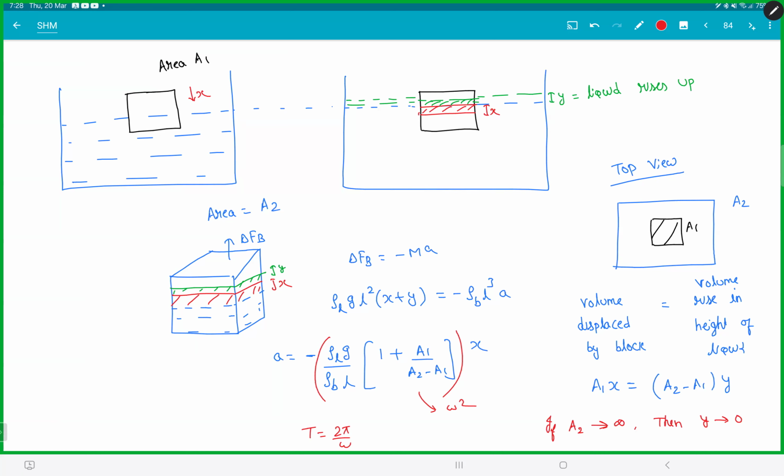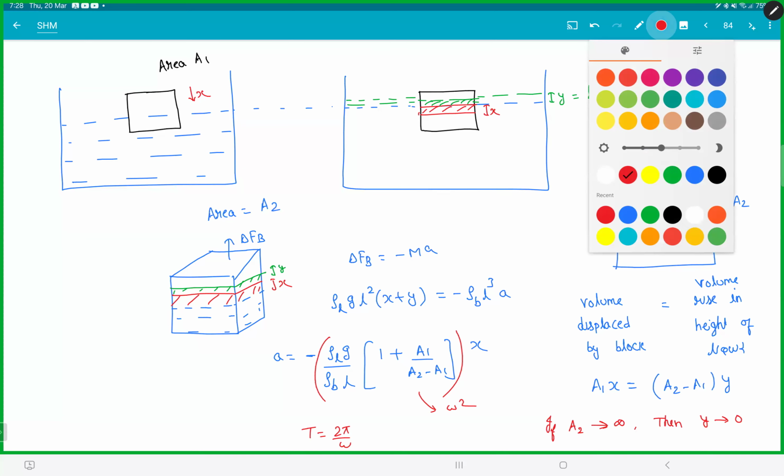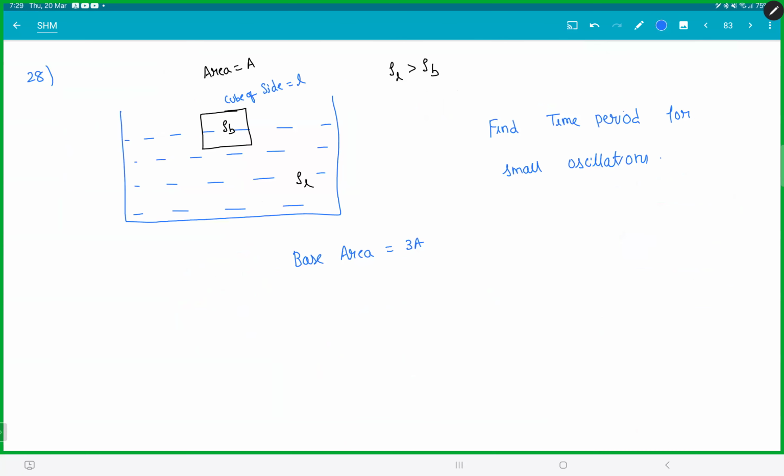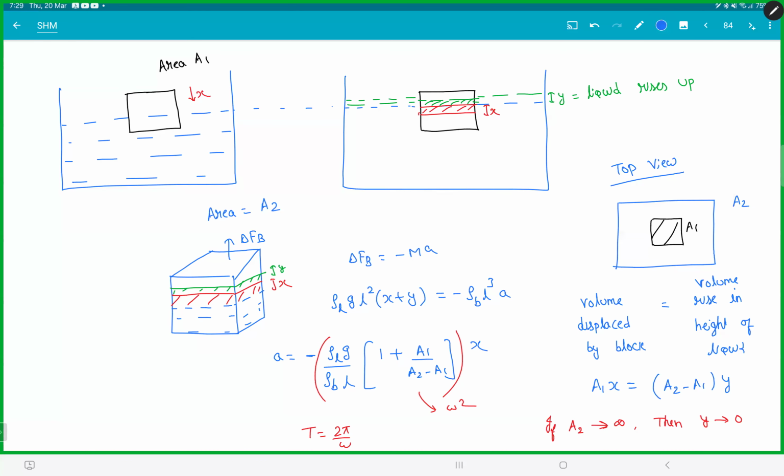That's the difference. If the block was pushed in a lake or something, lake area is very big, you can ignore this. But if the base area is given, it is comparable. So in our question, A1 is A and A2 is 3A. You can substitute there and you can solve. Any doubts on this?